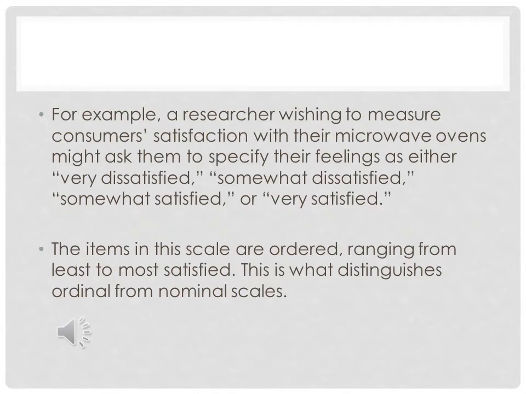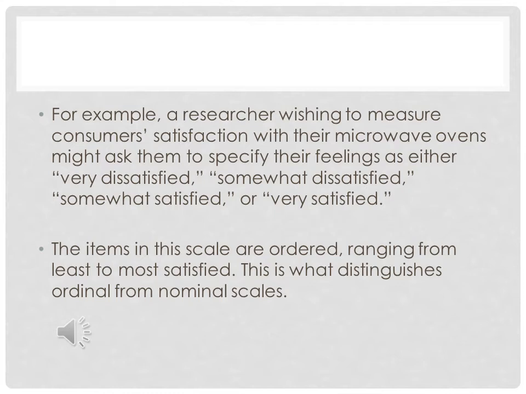Like the example we mentioned in the previous slide for the ordinal scale, here is another example. A researcher wishing to measure consumers' satisfaction with their microwave ovens might ask them to specify their feelings as very dissatisfied, somewhat dissatisfied, somewhat satisfied, or very satisfied on the product.